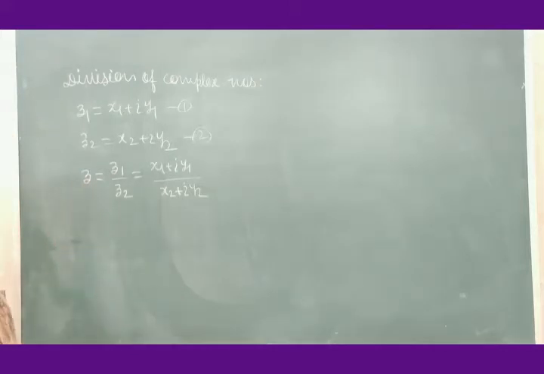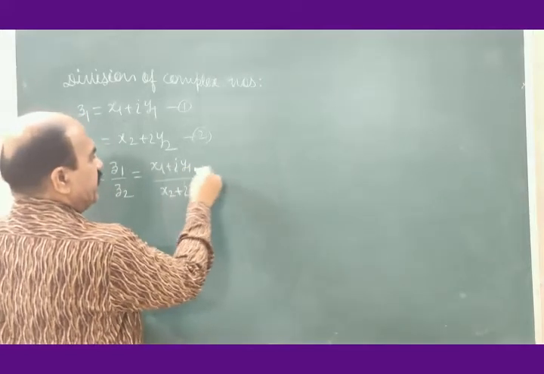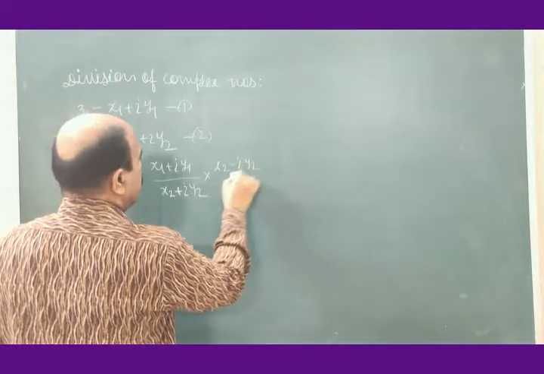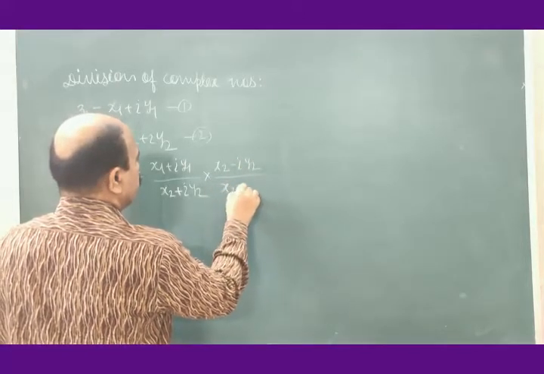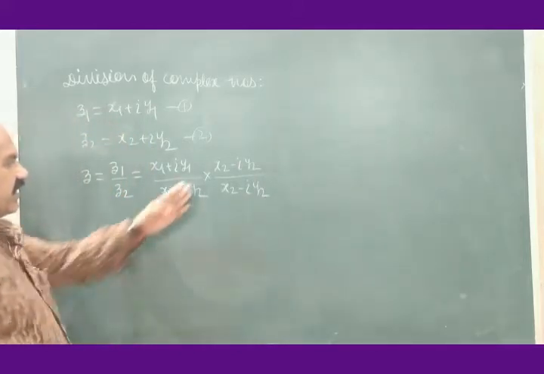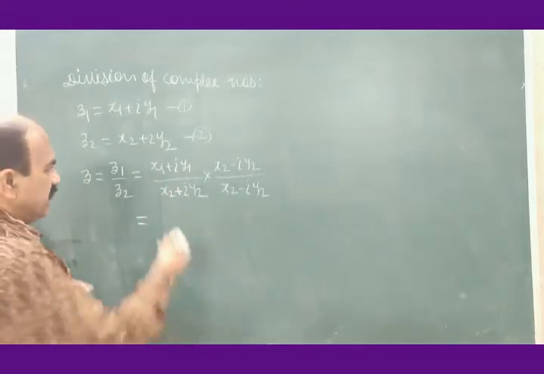To simplify this, we shall multiply and divide this quotient by x2 minus iy2. This gets cancelled and we will have the same term. Let us solve this.